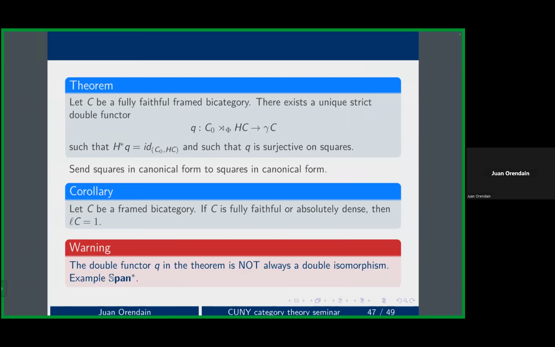I have an example of this, and it's actually a very easy example: span star. It just feels like this should be free in some sense, but I haven't found exactly in which sense. But that'll be for another time, for another paper.